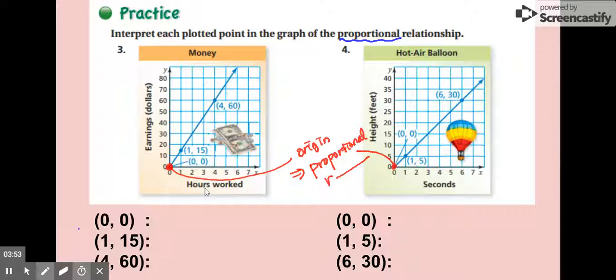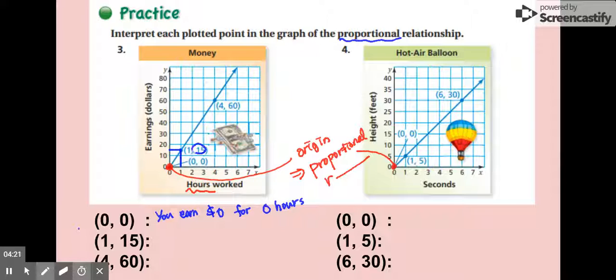I guess someone is working, right? So if you work for 0 hours, this is hours, right? So how much do you earn? You earned $0 for 0 hours of working. And for 1 hour, how much will you earn?